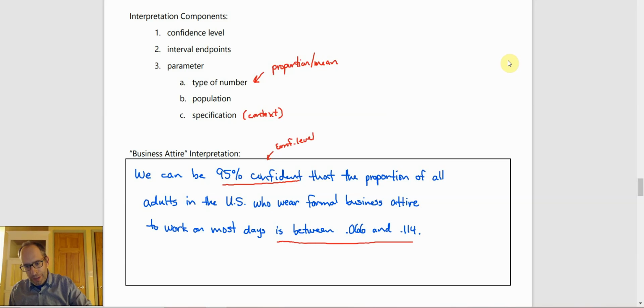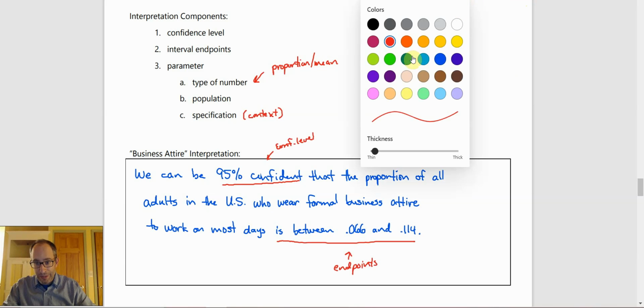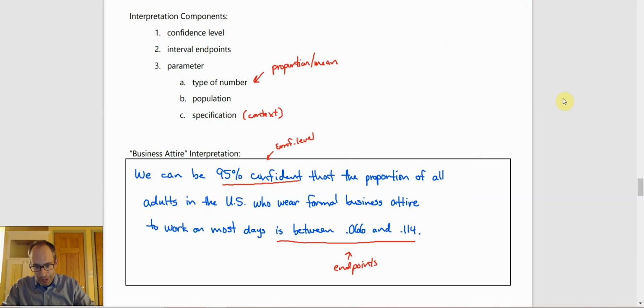Then here are the endpoints down here. And then basically the rest of this, so I'm going to put this in green brackets. All the stuff that's in green, that is the parameter. I don't know why it's not letting me write anymore.